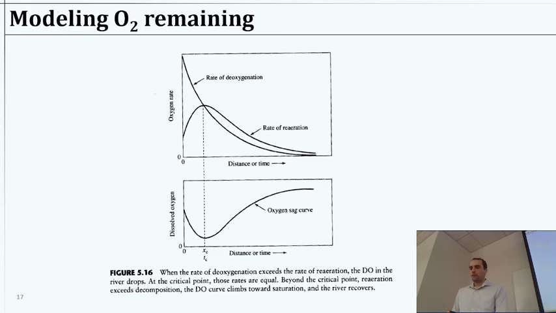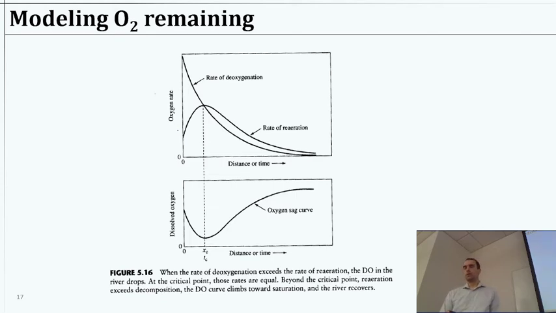Okay, so we kind of looked at this already, but a little bit more detail here. I guess we looked at the dissolved oxygen sag curve down at the bottom. But if we were to line that up with the oxygenation rate, so that re-aeration rate, how quickly is oxygen being added to our system? It's not being added super fast early on because there's a lot of oxygen in the water already.